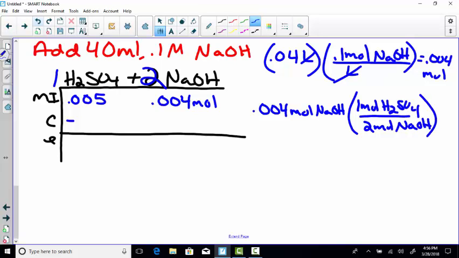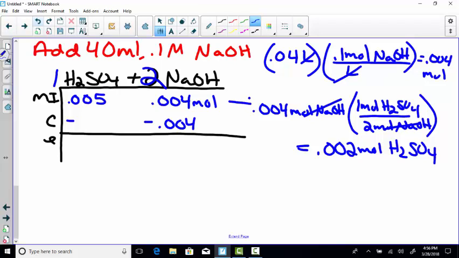I wish I had more board, but that cancels, and that leaves me with 0.002 moles of H2SO4. So, this is all going to decrease because we used it all up right there. So that goes to 0, but this is only going to decrease by 0.002 moles, which means I have left 0.003 moles.